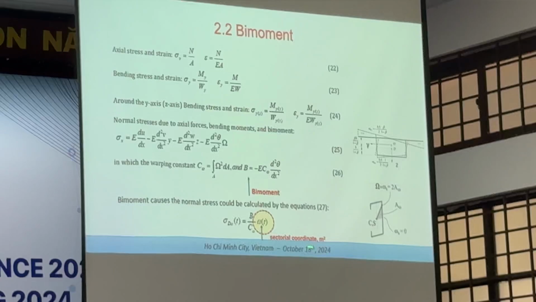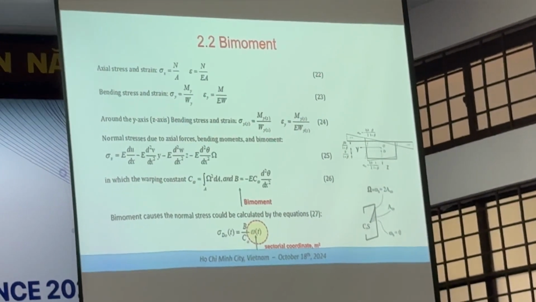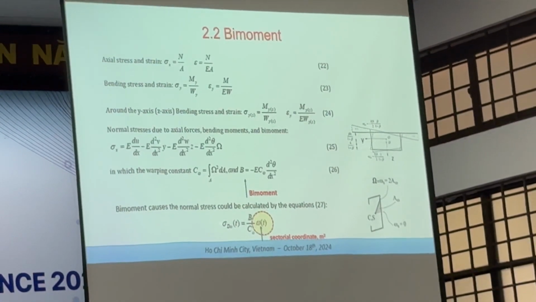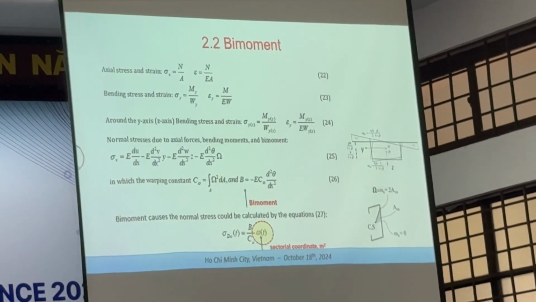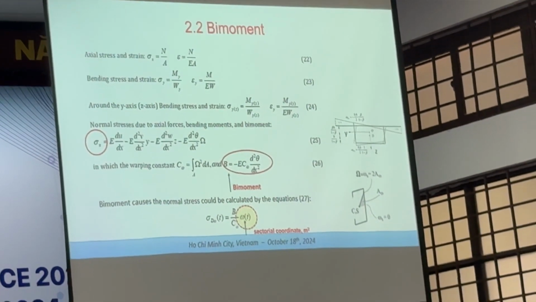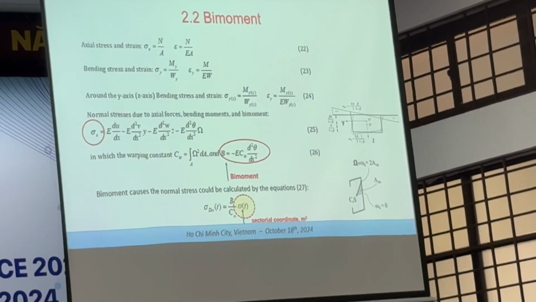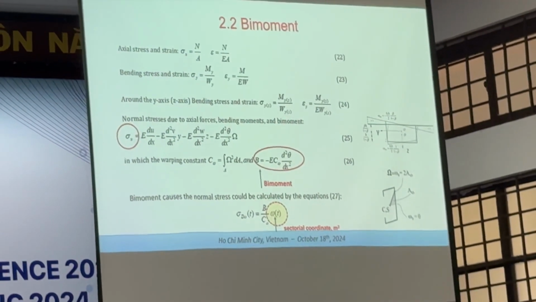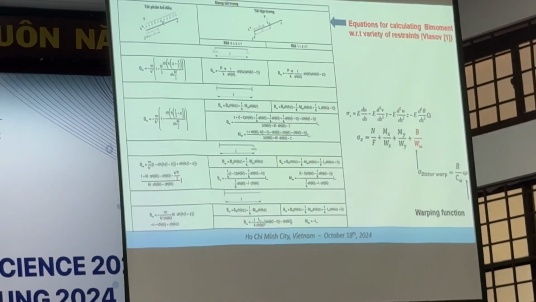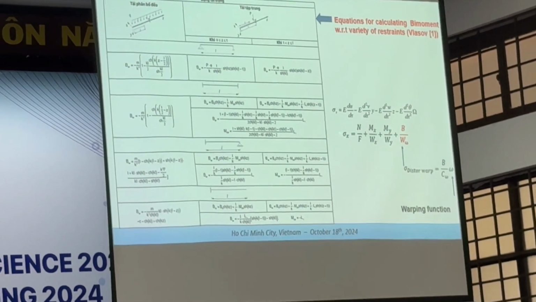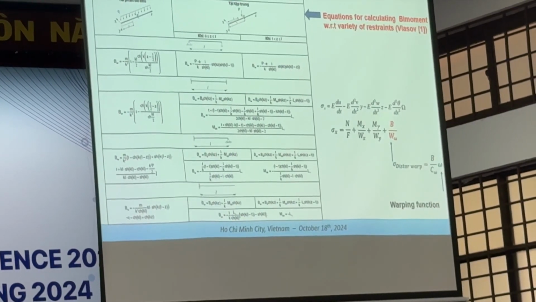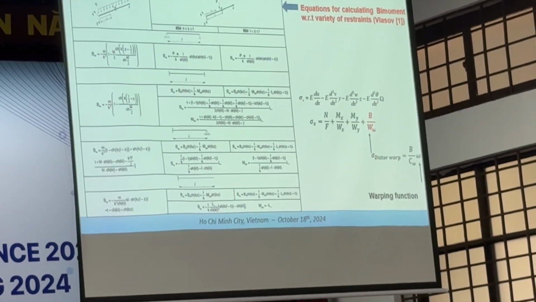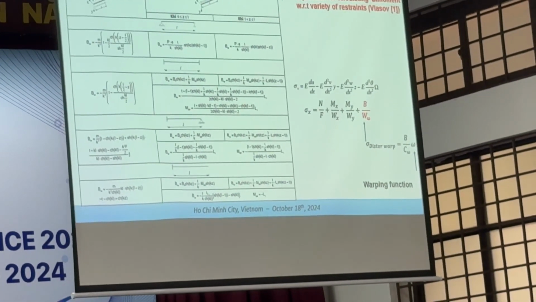We can use the sectorial coordinate in meters squared, and this axial stress can be combined with some other components of axial stress due to the bending moment in the lateral and vertical directions. In normal stress, we have some equations. We focus on this with the distortional warping, and omega is called the warping function.